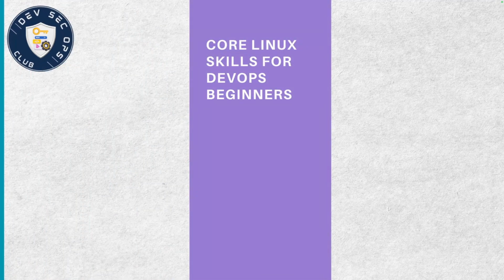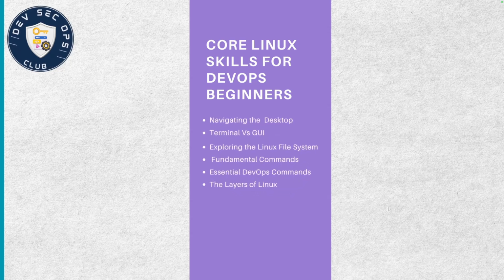Today our main focus is on section number 2, core Linux skills for DevOps beginners. We already installed our operating system, so now it's time to get a little bit familiar with it.